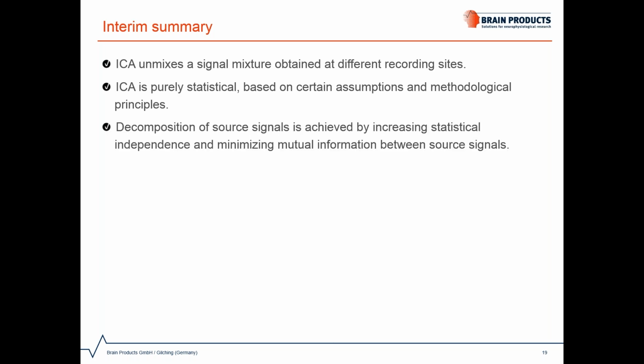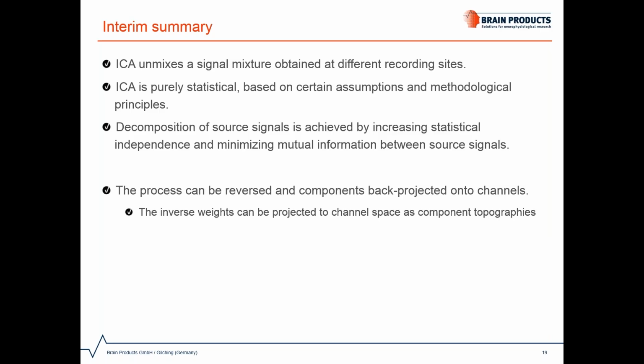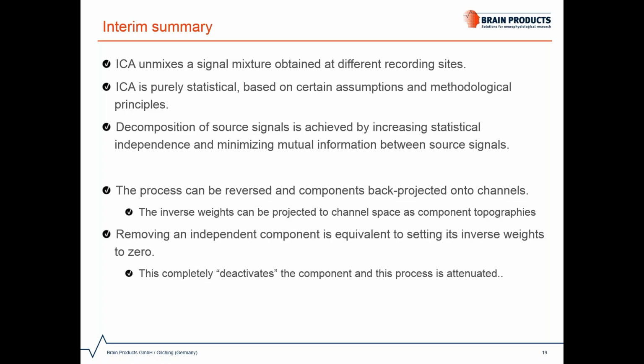The core principle of ICA is to maximize statistical independence between extracted source signals. However, this process can be reversed by inverting the ICA matrix to back-project components onto channels, whereby the inverse weights can be plotted as component topographies. This can be done completely or incompletely by removing selected components before back-projection.